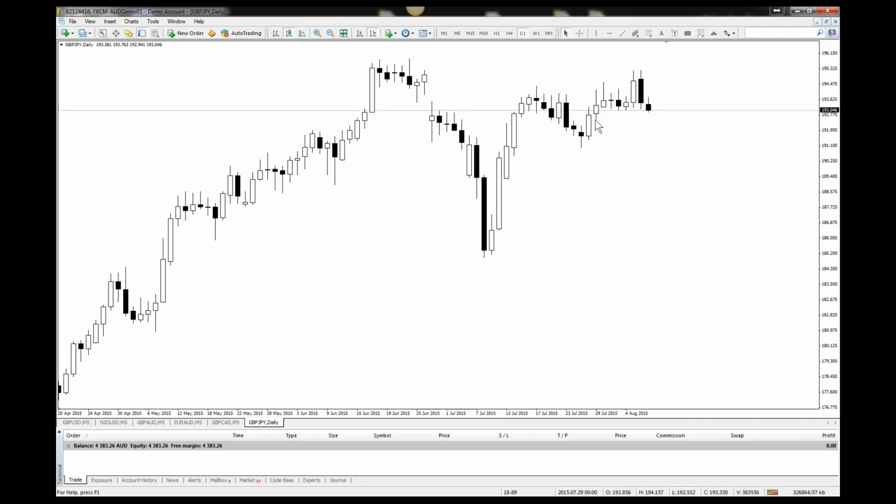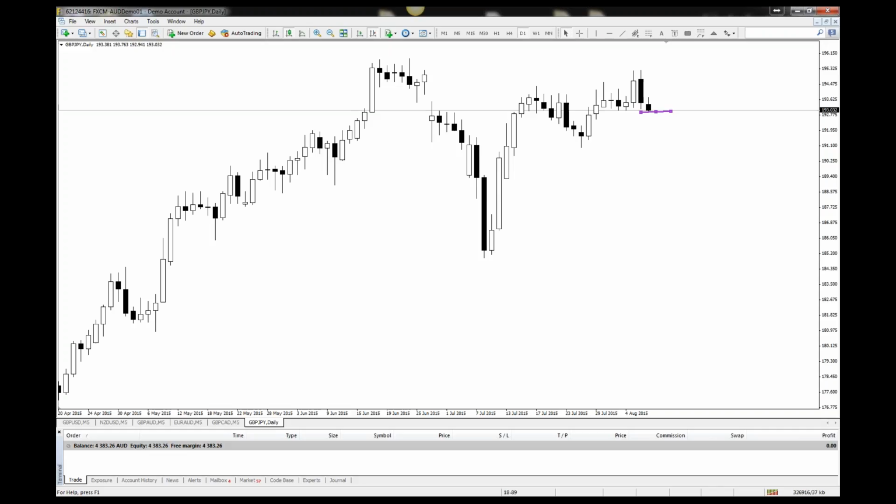Pound yen, with non-farm payroll coming up, I really didn't want to put it just right below the bottom, like 5 pips or something. Wait. Show me exactly where on the chart you put your entry. It's close to here, right about there.